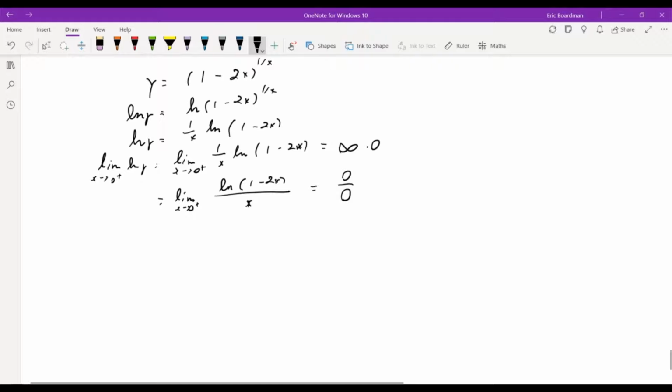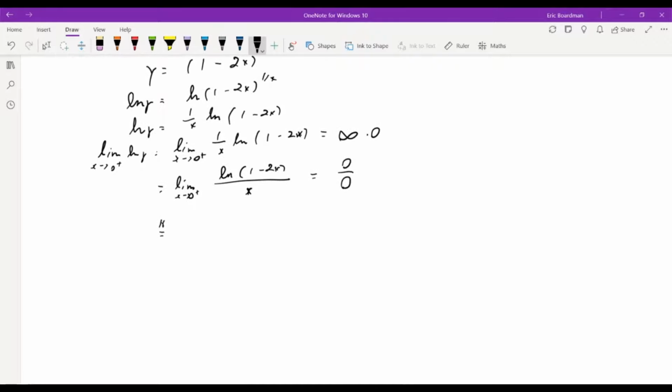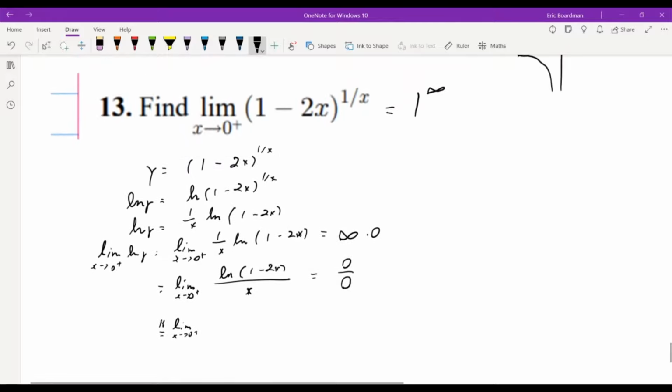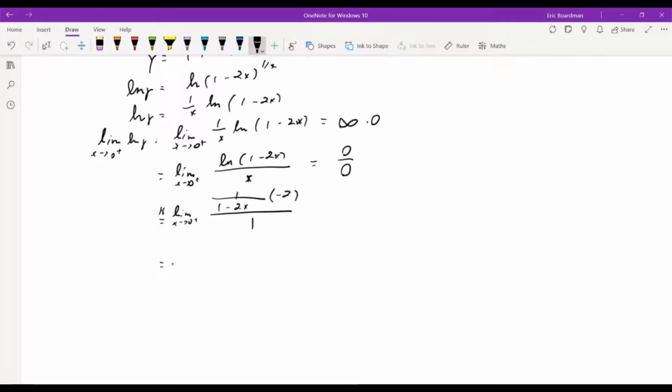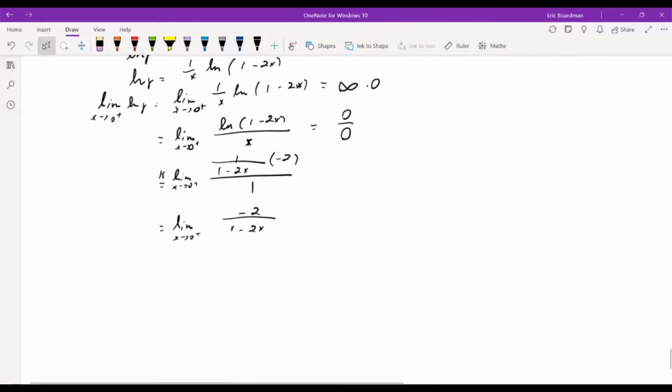So this goes to 0 over 0, and we can take the derivative of both the top and bottom with L'Hopital's rule. This is the limit as x goes to 0 from the right of the derivative of the top, which is 1 over 1 minus 2x times the derivative, which is just -2, over the derivative of the bottom, which is 1. So we have the limit as x goes to 0 from the right of -2 over 1 minus 2x. And then that's equal to ln of y.